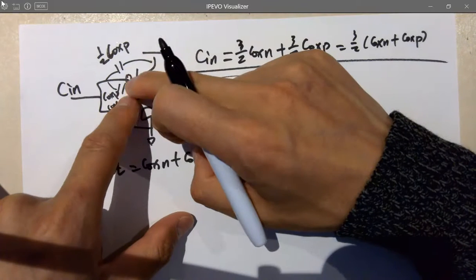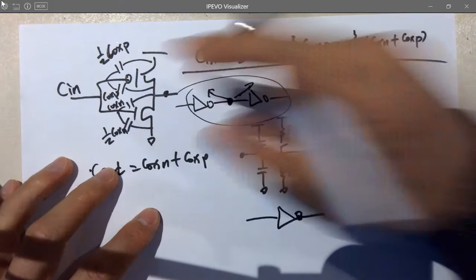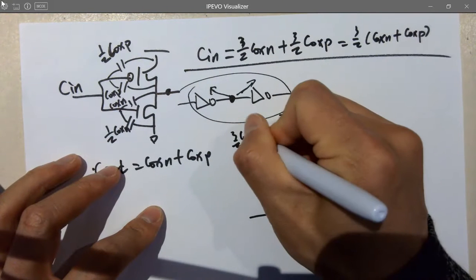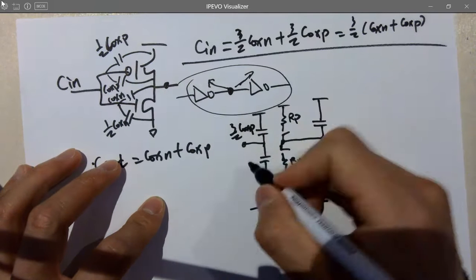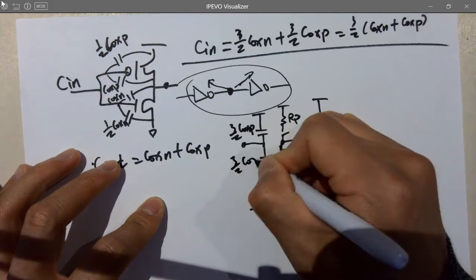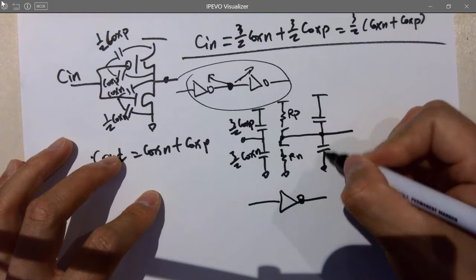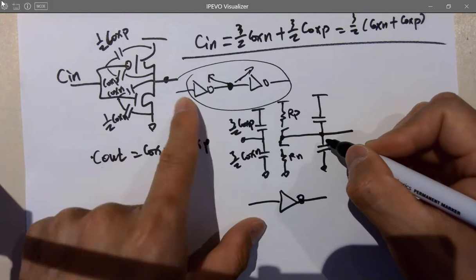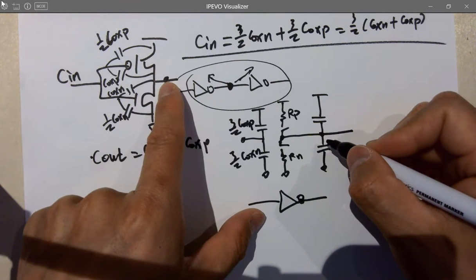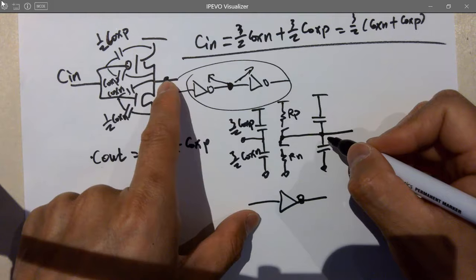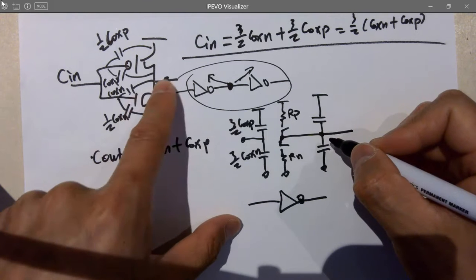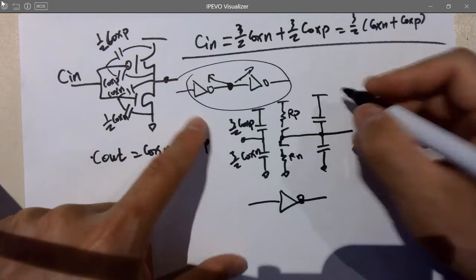These two being added together. And what about these two caps? That's the output pin of the inverter. On the top is Cox P, and the bottom will be Cox N.